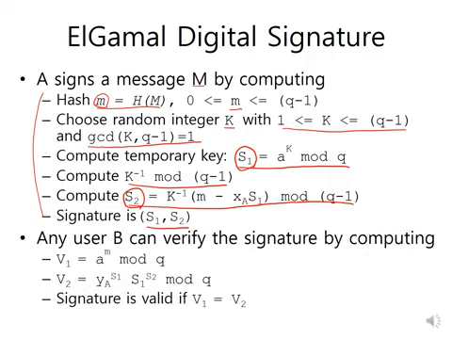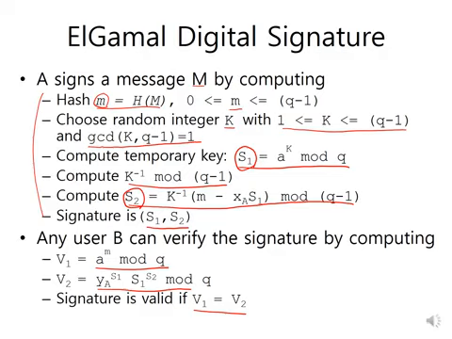And the signature verification procedure progresses as follows. First is to generate V1, which is A to the M mod Q. And then V2 will be YA to the S1 times S1 to the S2 mod Q. And then if the computed V1 and V2 are the same, the signature is valid.